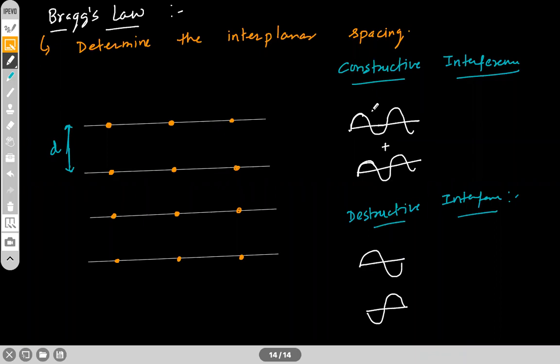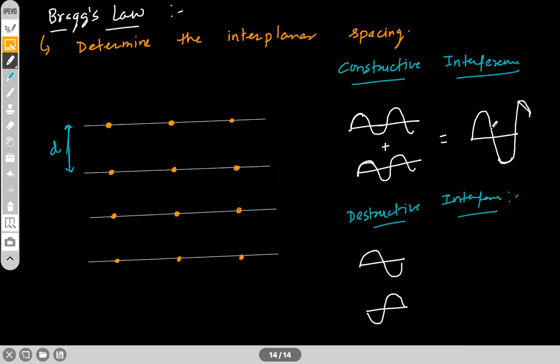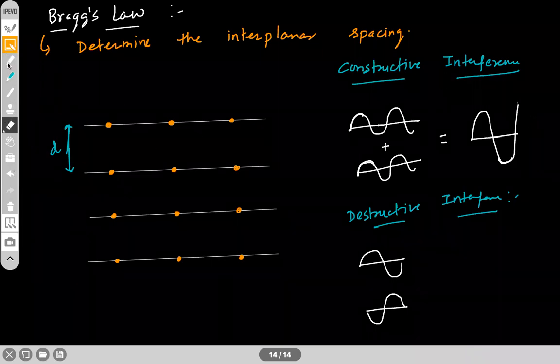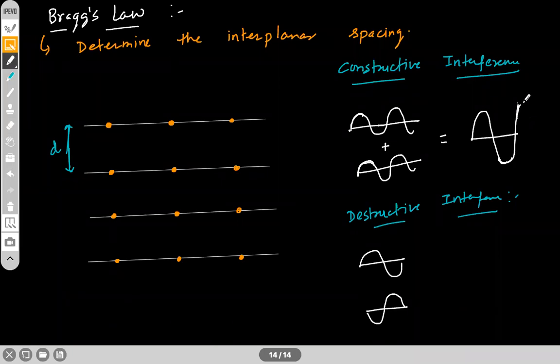When two waves of same phase combine, the net wave will have an amplitude which is the sum of the two. Suppose the amplitudes are A1 and A2, so the net amplitude will be A1 plus A2.